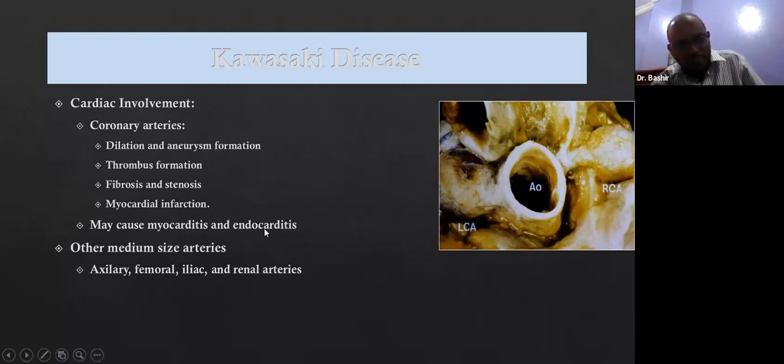It can present with endocarditis or myocarditis before coronary artery involvement, which will be 1 or 2 weeks after fever. Other medium-sized arteries are involved too: axillary, femoral, iliac, and renal arteries, not only the coronary artery. It is a medium-size vasculitis.